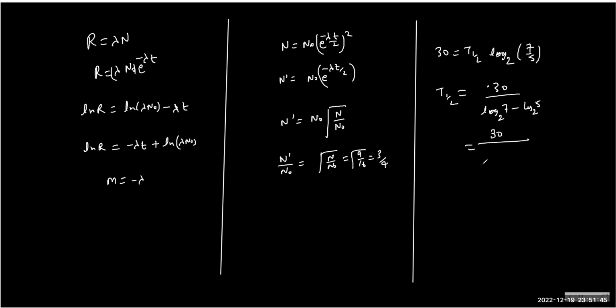Sir, I'm getting approx 60. Yeah, so that's the correct answer. Sir, I got about 65. Oh my god, that's very confusing. The answer is 62. Yeah, so that's a close value.